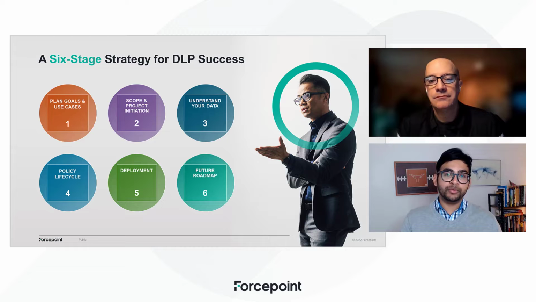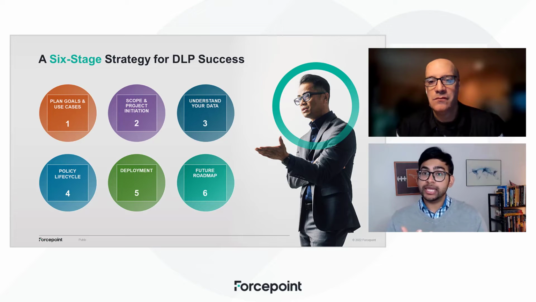So how can we help customers who are deploying DLP for the first time, or have a very limited footprint, shrink that knowledge gap and make sure the ROI from what they've just deployed is very quickly realized?